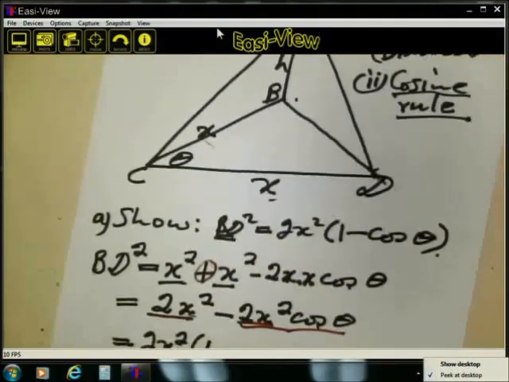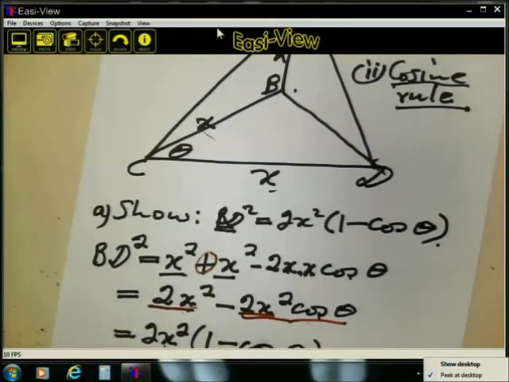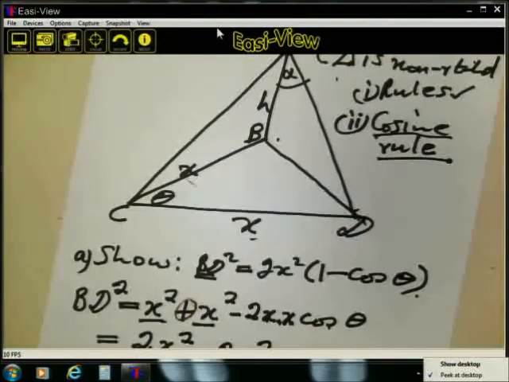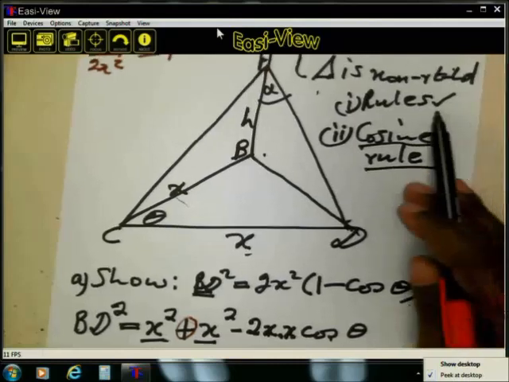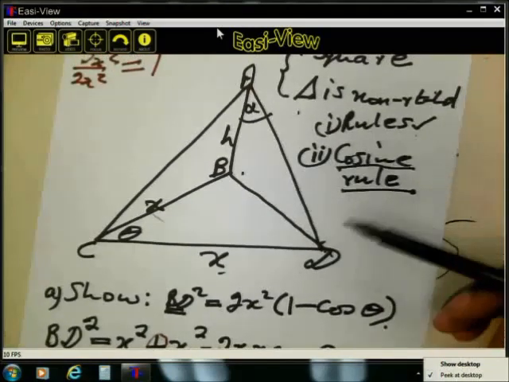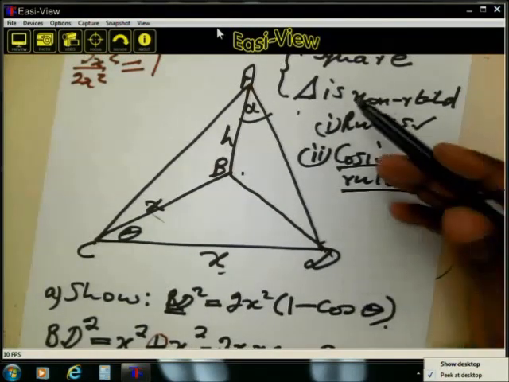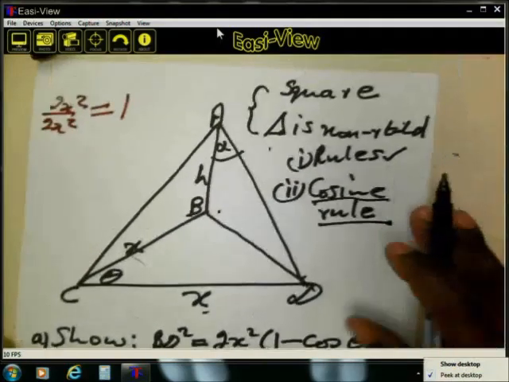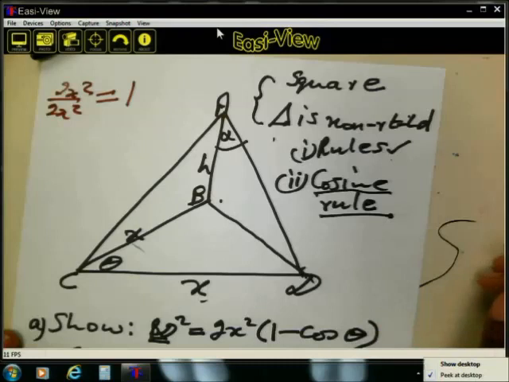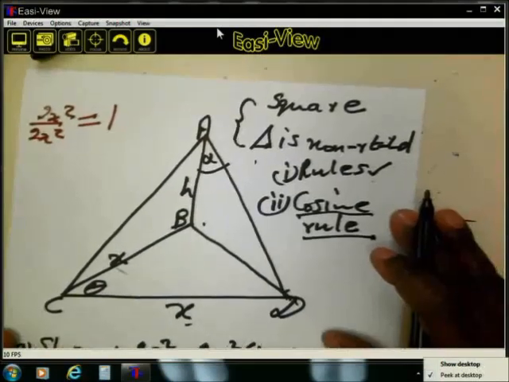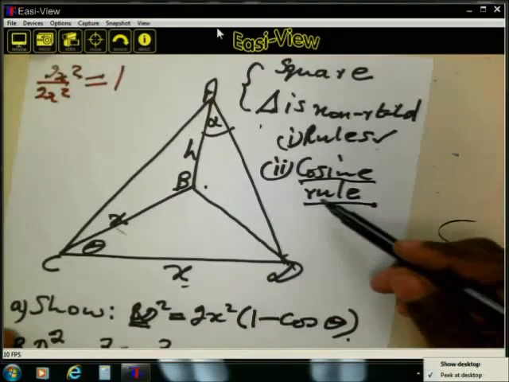So whatever question may appear to you to be formidable, please note, if it is right-angled, don't bother with the rules, sine rule, cosine rule, area rule. Just use the definitions of sine, tan, and cos. And also with the area, just use the fact that the area of a triangle is half base times height, because you do have the height and the base. But if it is non-right angled, then use the sine rule under normal circumstances.